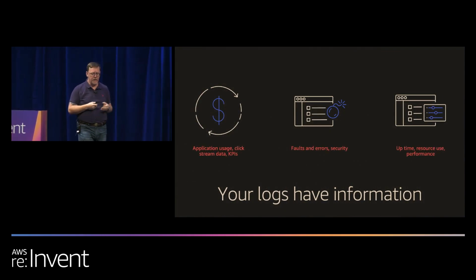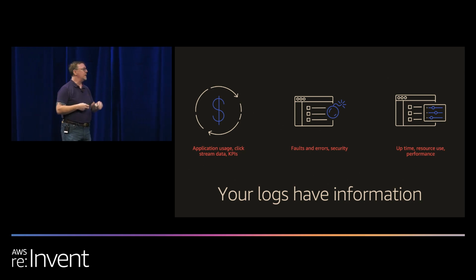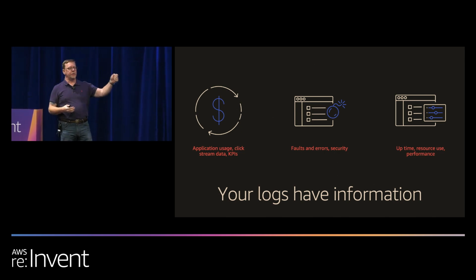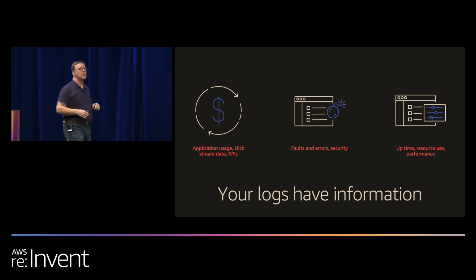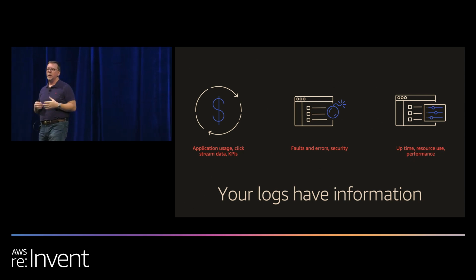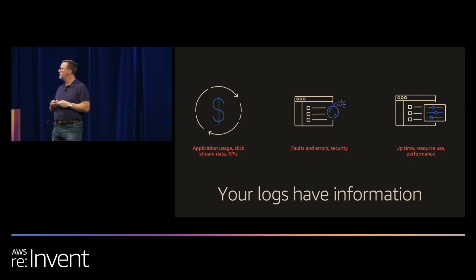So the kind of stuff that you find in your log data, you have perhaps application usage data, right? So if your front end is instrumented, it's sending out information about which pages your users, your customers are visiting. It's sending information like in an e-commerce setting about what customers are clicking or putting in their cart or purchasing. So you have all of this application usage and clickstream data that's tremendously useful.